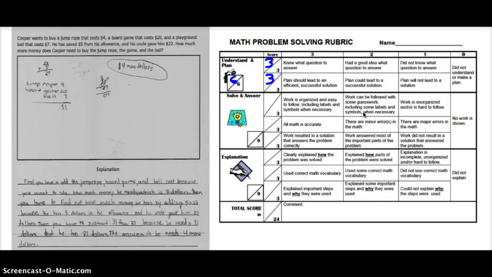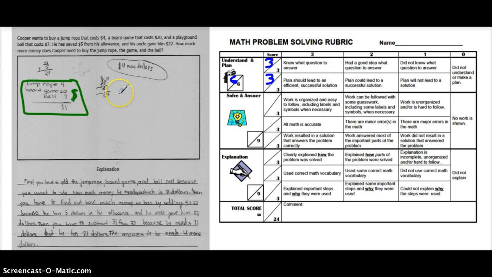Now, as I just mentioned, this student is missing some labels about what things are. The student clearly labeled here the jump rope, the board game, and the ball, but didn't use a $ sign for the amount of money. And then up here, they also did not say what this was. So they did it out, but did not mention what it was.